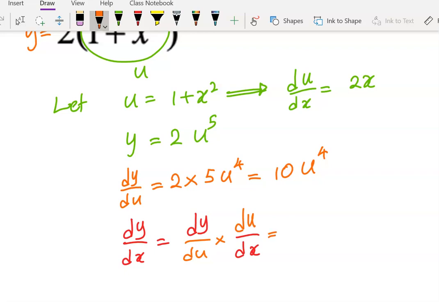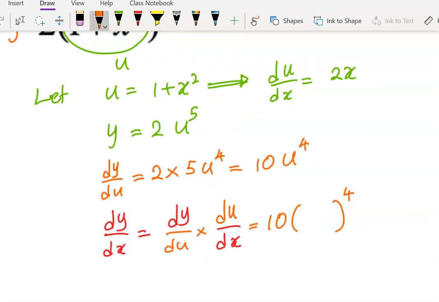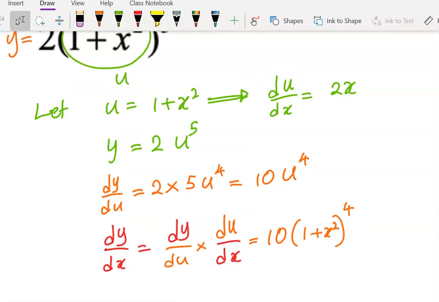Dy by du is 10u to the 4. I would rather replace that with x's because the solution has to be in terms of x. Hence, I would write 1 plus x squared instead of u. And then, of course, I would have du by dx, which is 2 times x.